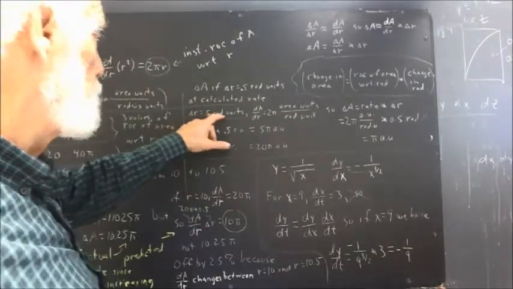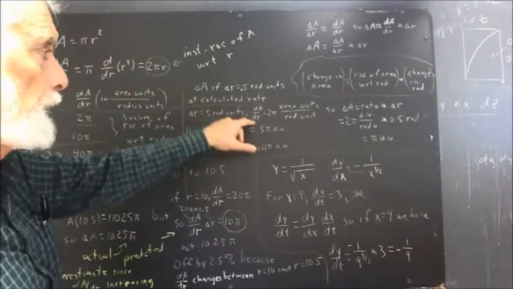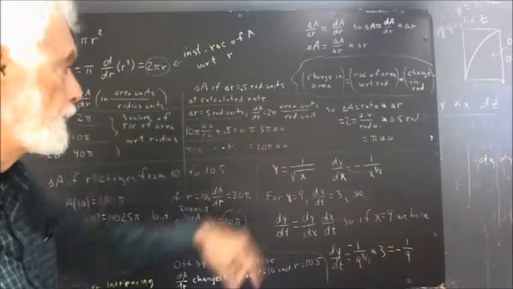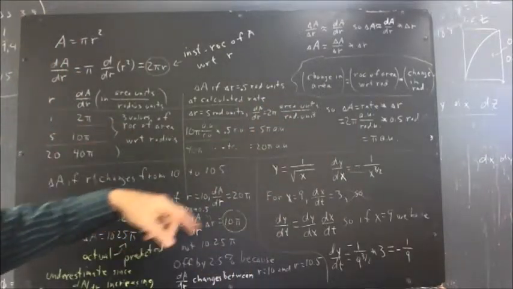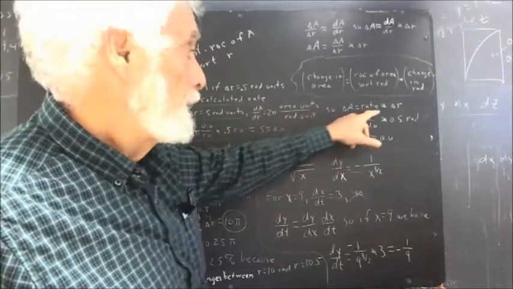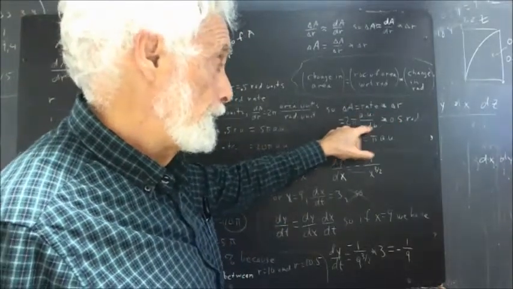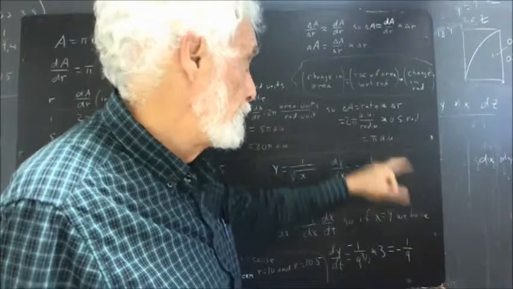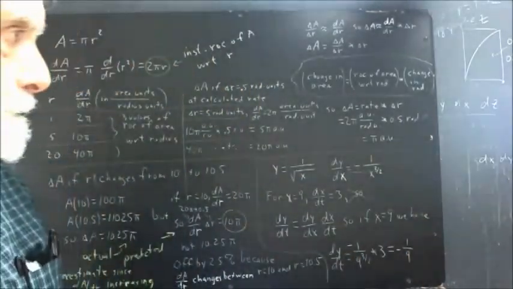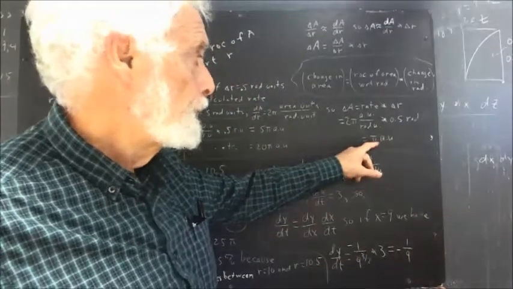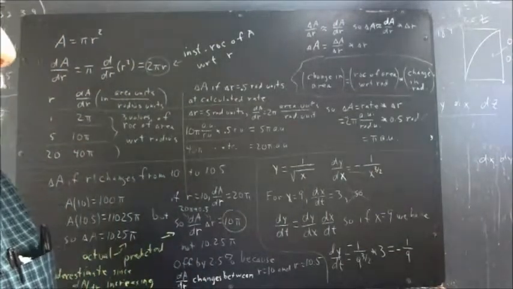So if delta R is 0.5 radius units and dA/dr is 2 pi area units per radius unit from here, we get delta A is the rate times delta R, 2 pi area units per radius unit times 0.5 radius units. That's going to equal pi area units.